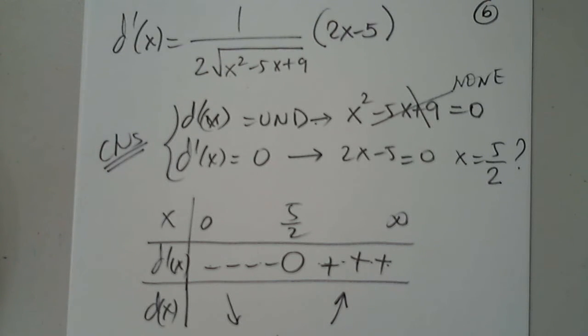The function is the square root of x squared minus 5x plus 9. And I want to plug in 2.5, or 5/2. And I get that the minimum distance is 1.658.